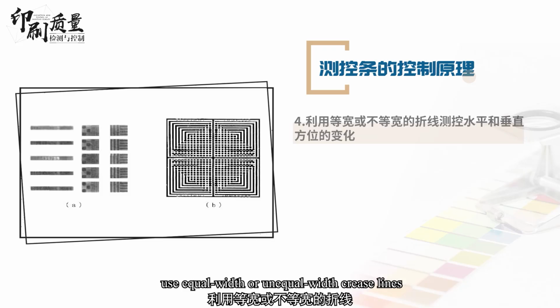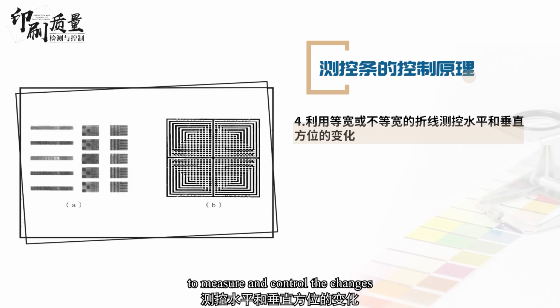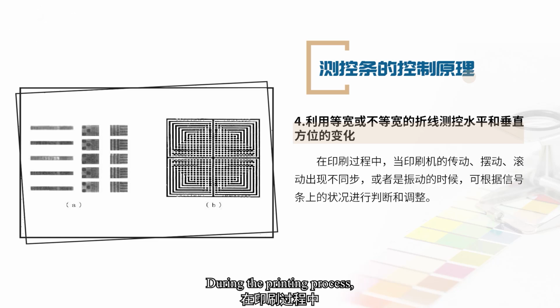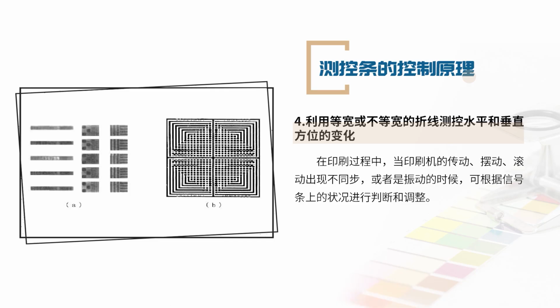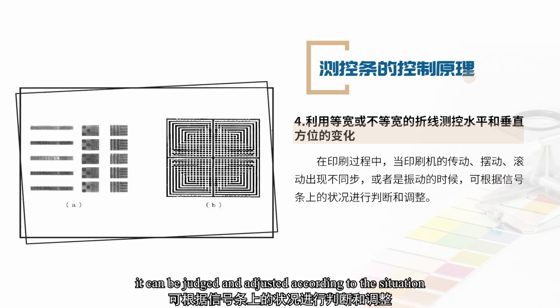Fourth, use equal width or unequal width crease lines to measure and control the changes in the horizontal and vertical directions. During the printing process, when the transmission, swing and rolling of the printing press are not synchronized, or there is vibration, it can be judged and adjusted according to the situation on the signal strip.